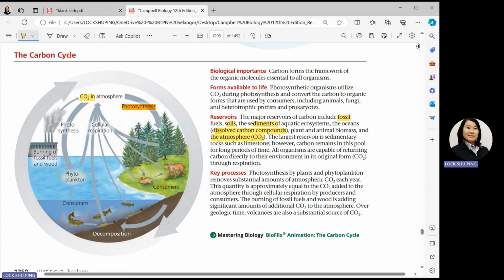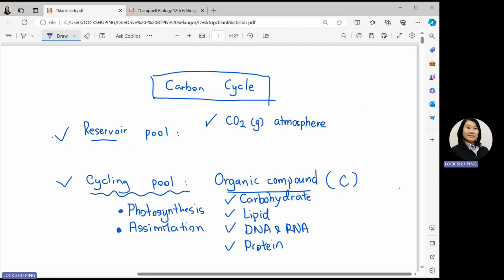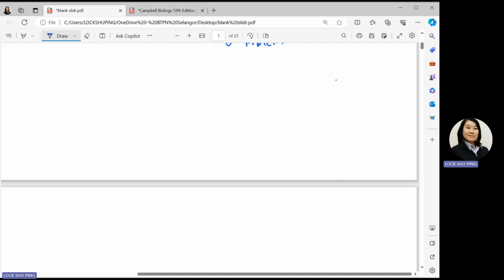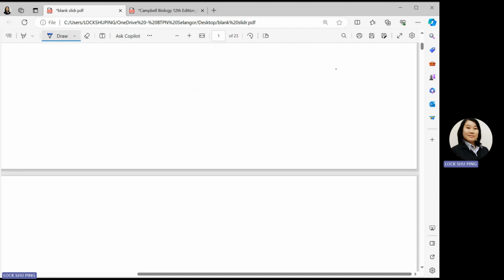So once the organic compound has formed, how does it pass from one organism to another? It's always by assimilation. This is the basic.